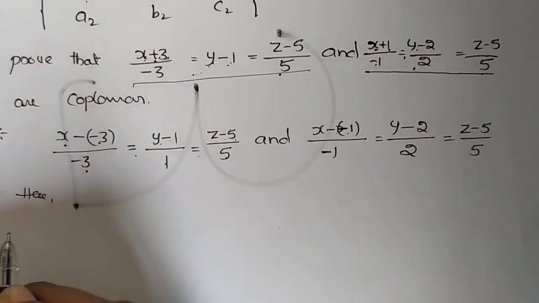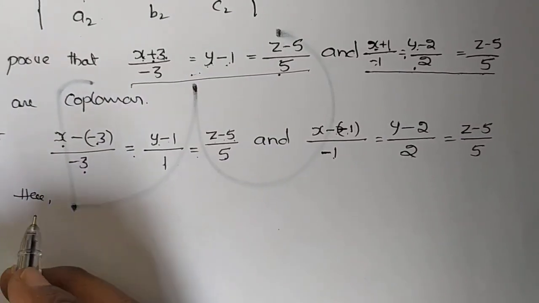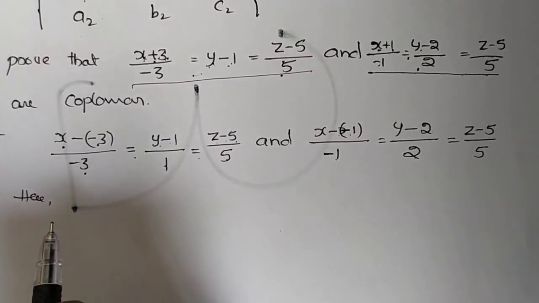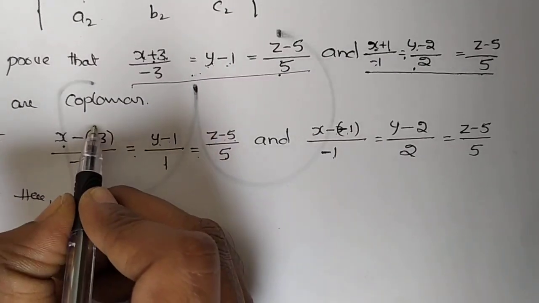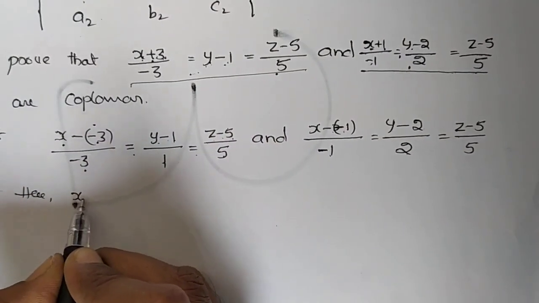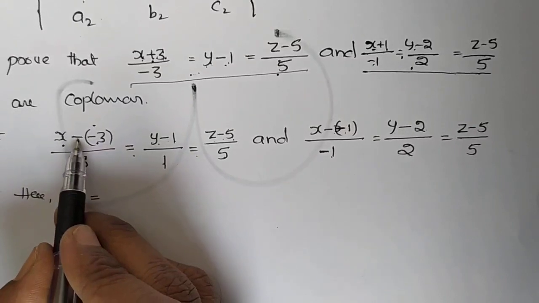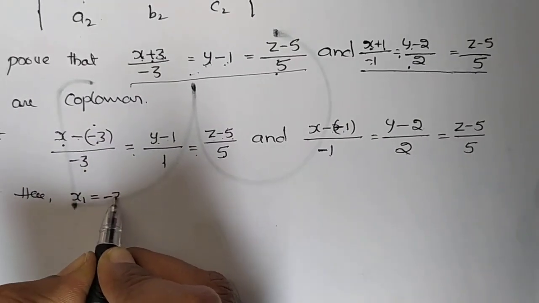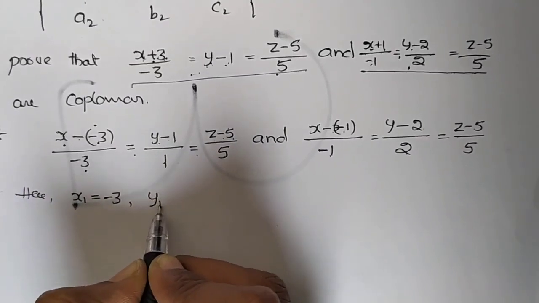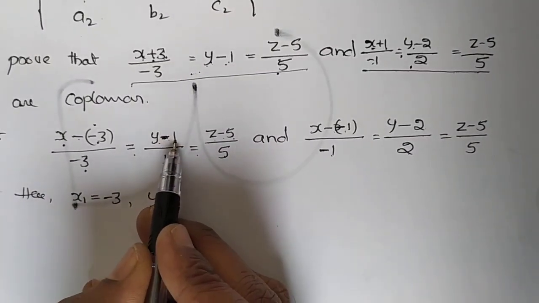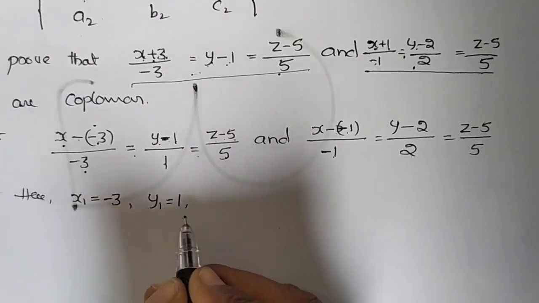Let us identify x1, y1, z1, a1, b1, c1. Here x1 equals, after the minus, minus 3. y1 equals, after the minus, plus 1.